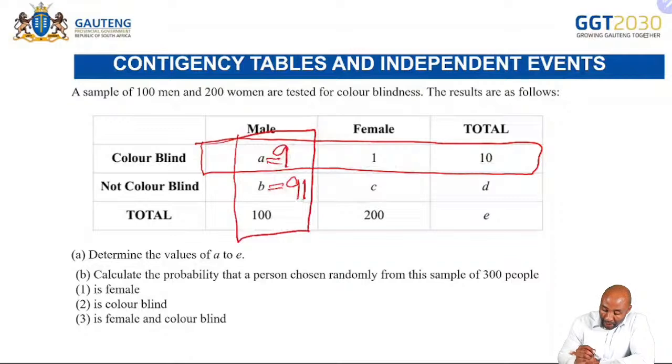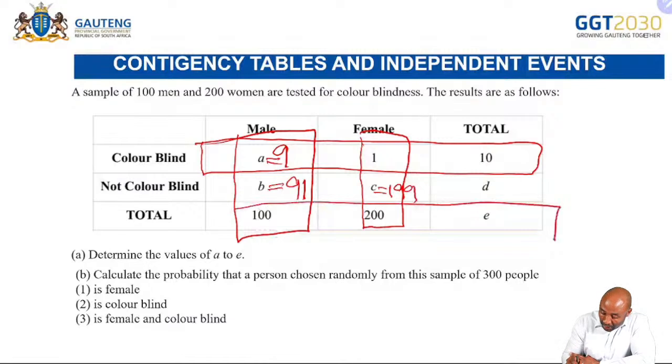Now, to get the number of females, we already have one female and the total is 200. So to get the value of C, we are going to say 200 minus 1, and that should give us 199. Now, in order for us to get the value of D, or let's start with E, E becomes, we are adding these going that way.